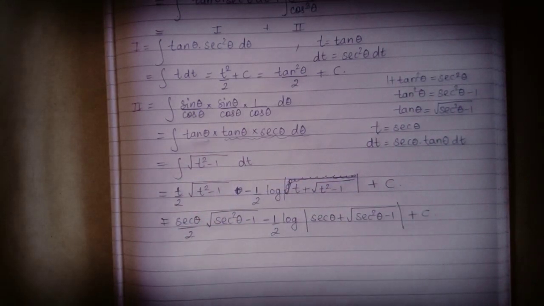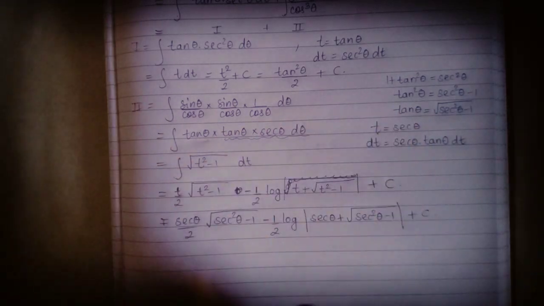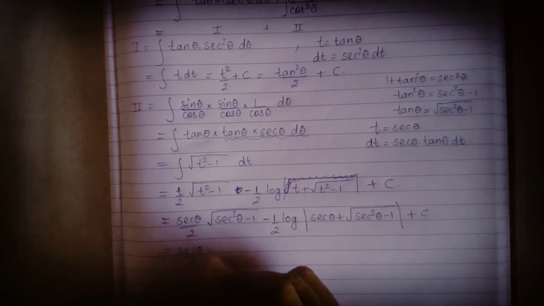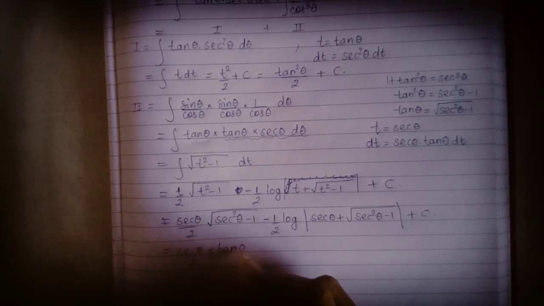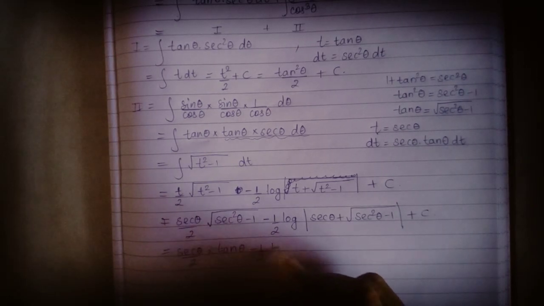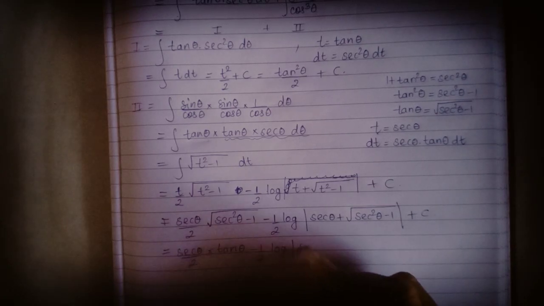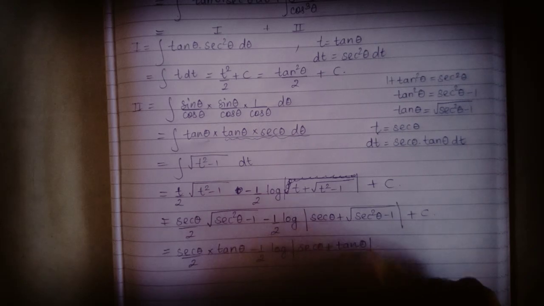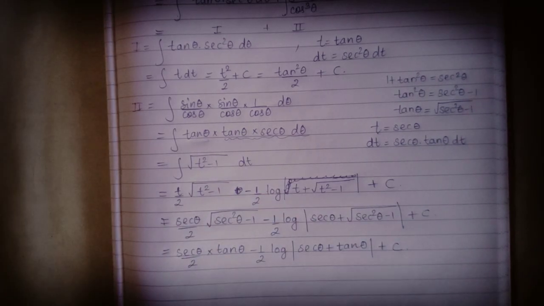And the root of sec square theta minus 1 is tan theta. So we can write this as sec theta upon 2 into tan theta, minus half log of sec theta plus tan theta, plus c. So this is the final answer. Okay.